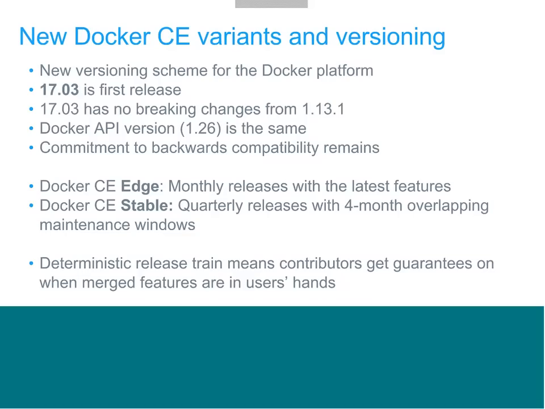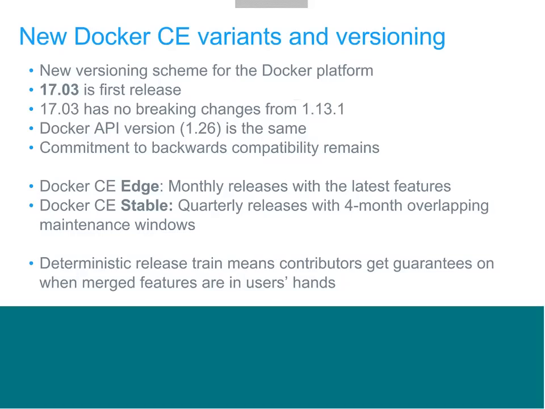Another great thing about the new versioning is that previously it wasn't really deterministic when Docker would do a new release, which was sometimes frustrating for partners or contributors to the Docker project because they had some features that they really wanted to ship, and it had been merged into the Docker project, but it was unclear when Docker was going to do a release that included that feature. That lack of clarity goes away now.